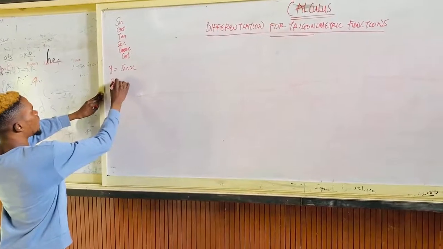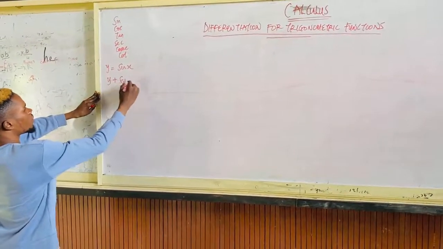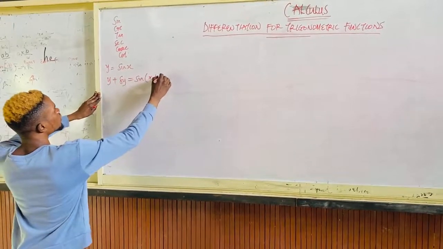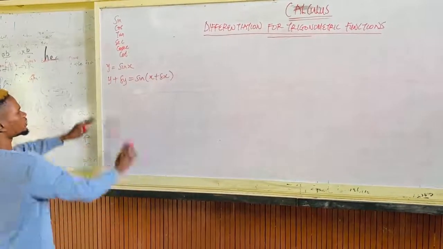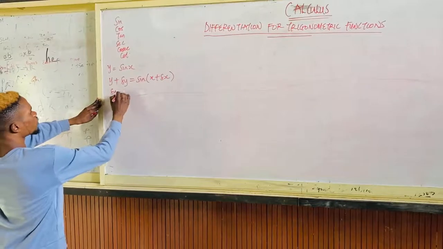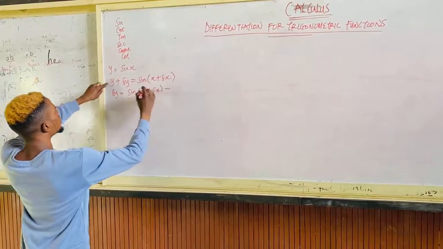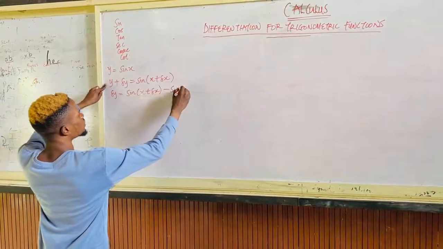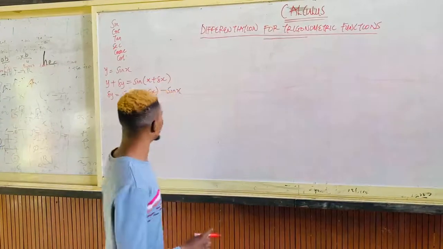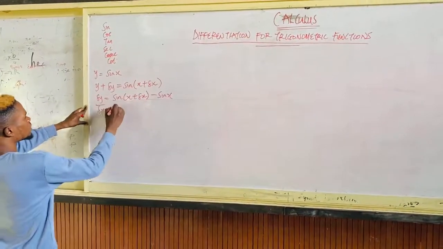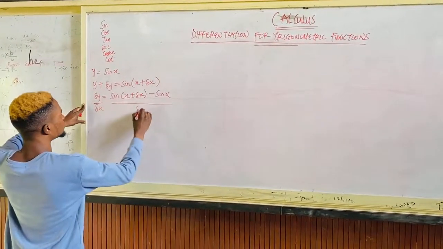If y receives an increment del y and x receives an increment del x, then del y is equal to sine (x plus del x) minus y, which is sine x.